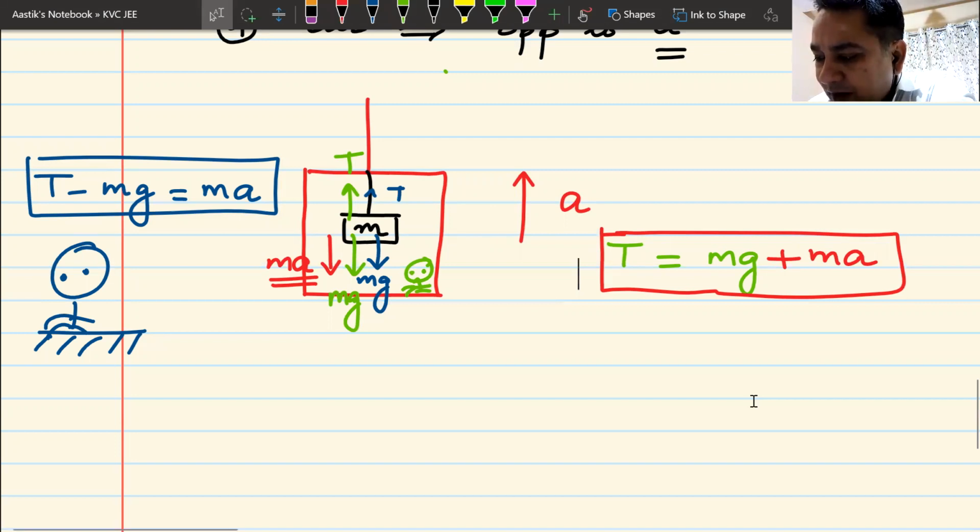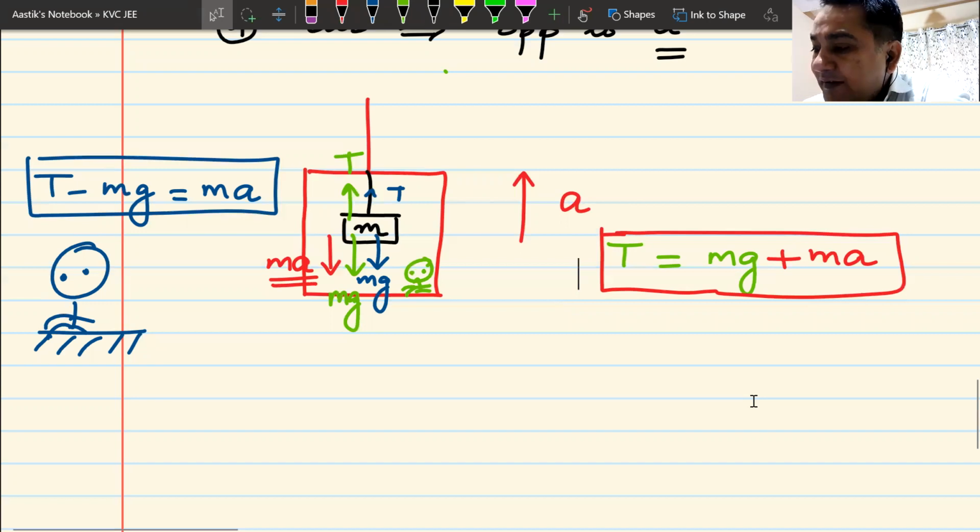And all of you have to write the equation of this block from the non-inertial reference frame, from inside the lift. So all of you have to become green hulks and write the equation from the green reference frame of this block of mass m.